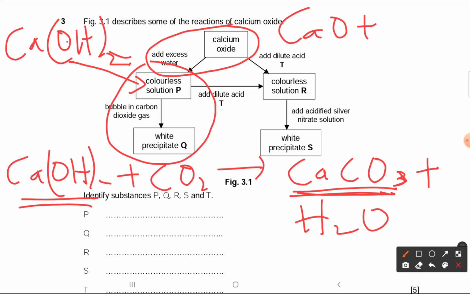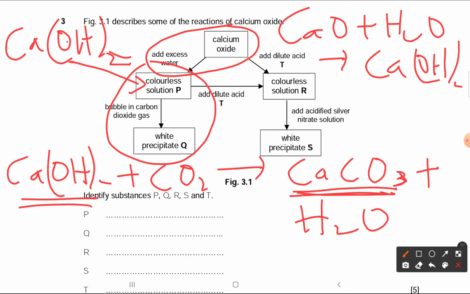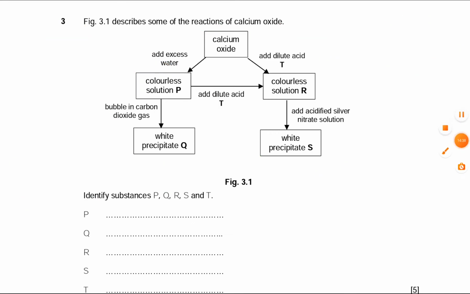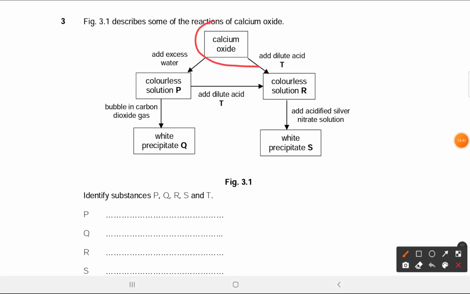Calcium oxide, you add water, you get calcium hydroxide. Okay, now let's look at the right hand side of the flowchart. Calcium oxide, add dilute acid. And then you get a colorless solution R.